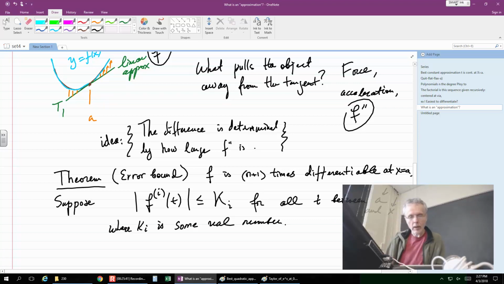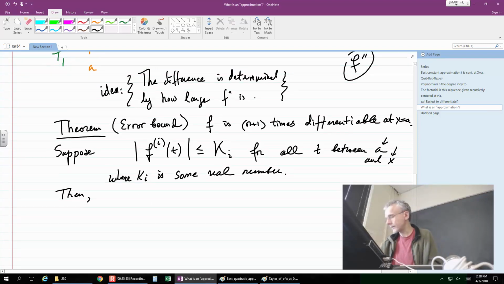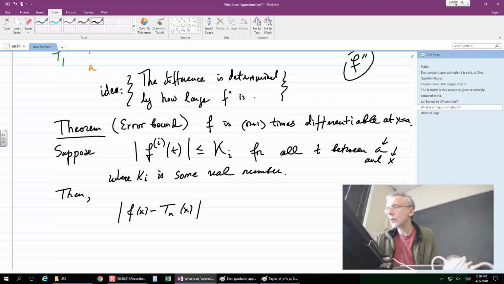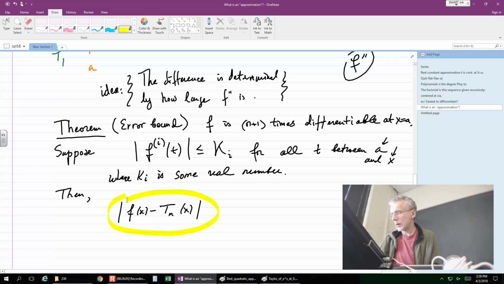Then we have an error estimate: the difference between the function and its nth Taylor polynomial. That is the one that I drew on multiple occasions with yellow.